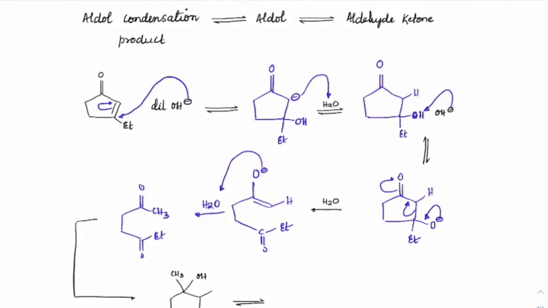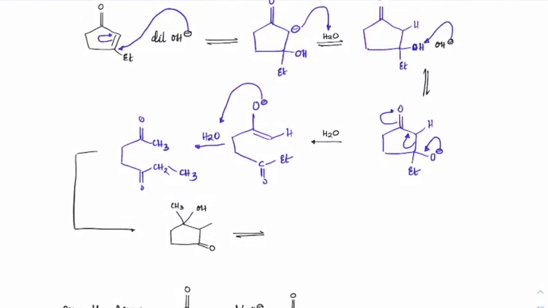Now once you get aldehydes on both the sides here, you can see intramolecular aldol can happen. And if you check out this ET, I can write this as CH2, CH3.